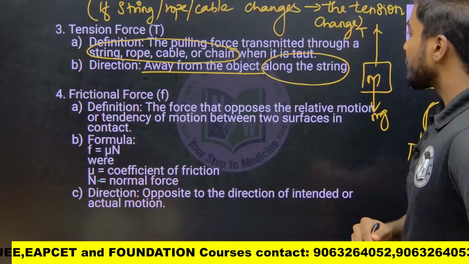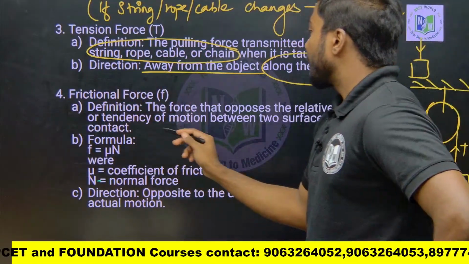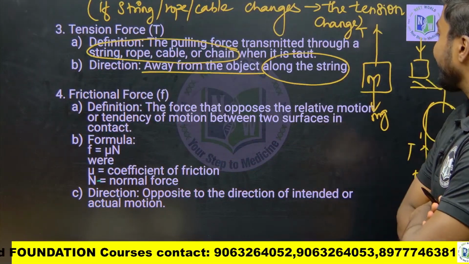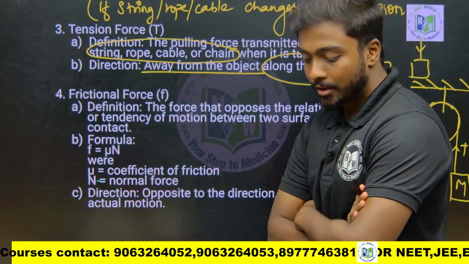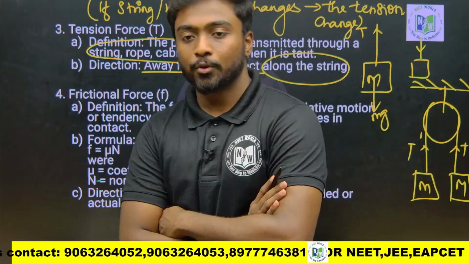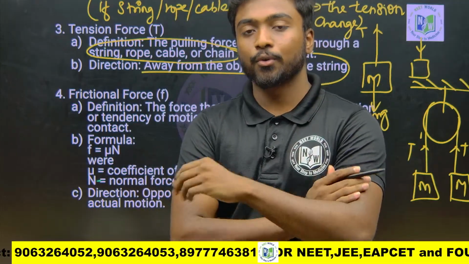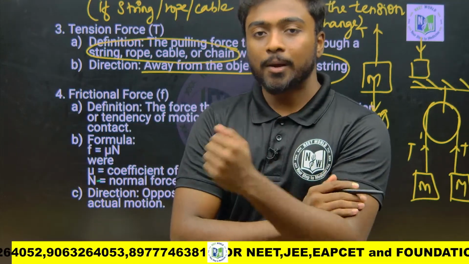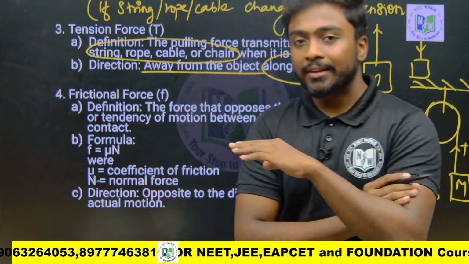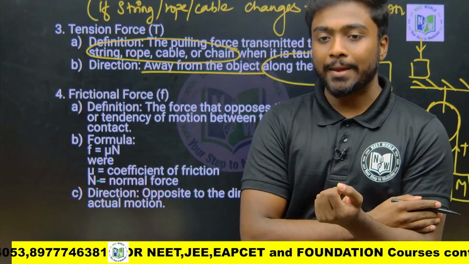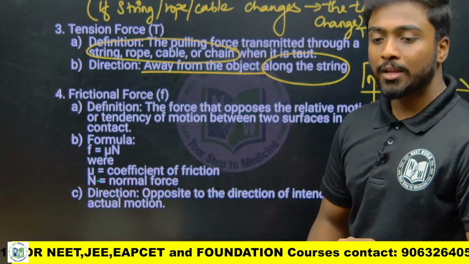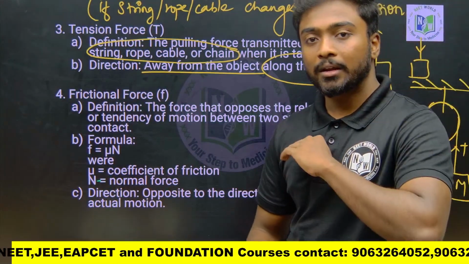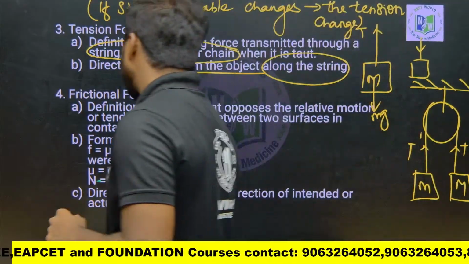So the next one is the frictional force. The definition is the force that opposes the relative motion or tendency of motion between two surfaces in contact. When there is a contact force on the object, if I am pushing or pulling the object and there is a rough surface, obviously friction will be acting, which is opposite to the giving force, the motion we can say.